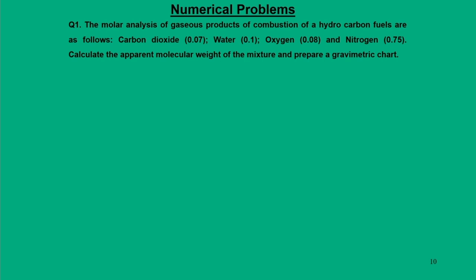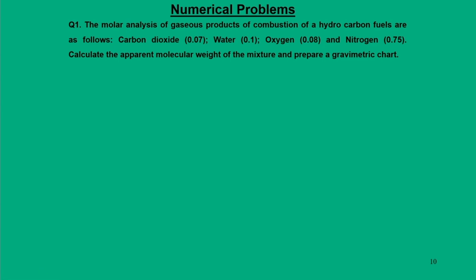So, let us understand the first problem, which states that the molar analysis of gaseous products of combustion for hydrocarbon fuels is listed as carbon dioxide 0.07 fraction, water 0.1, oxygen 0.08, nitrogen 0.75, and if you add them together you will end up with a total fraction of unity. So, this is nothing but your molar analysis.